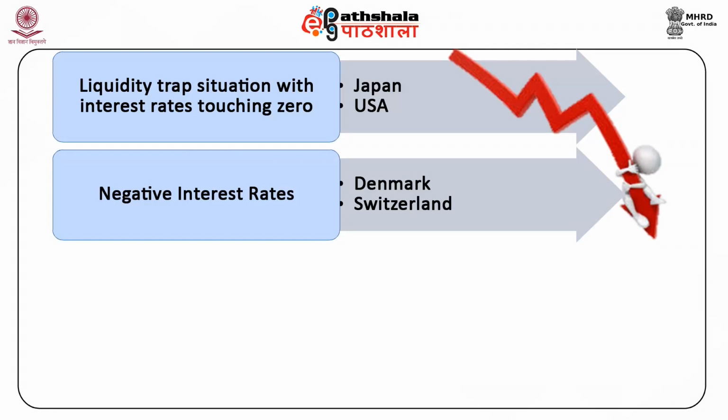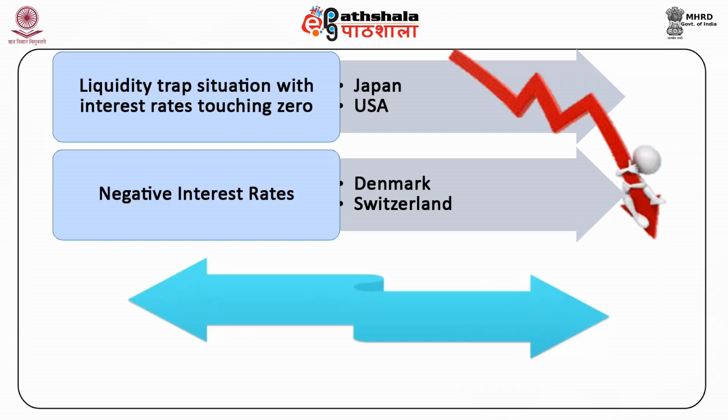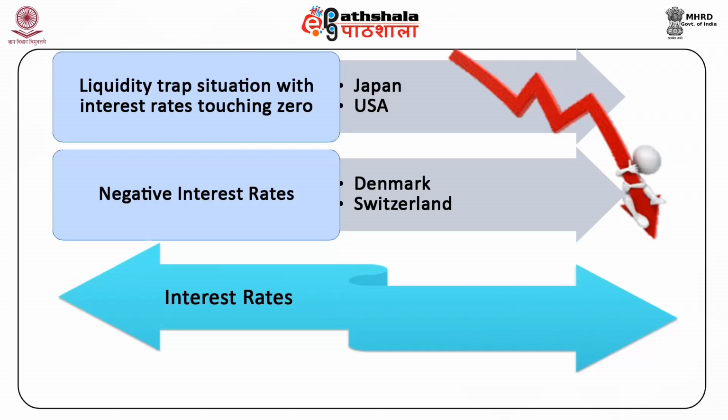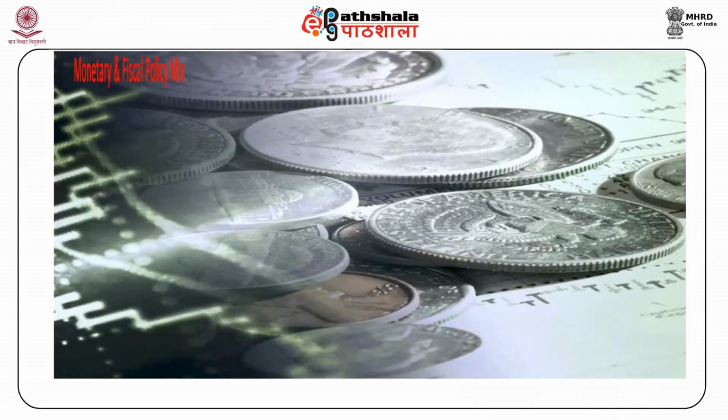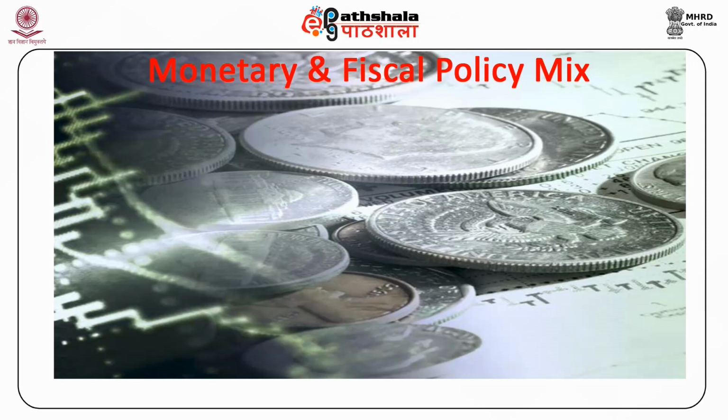We will have more to say on these in later modules once we explore the relation between interest rates and exchange rates. Moving on to monetary and fiscal policy mix.